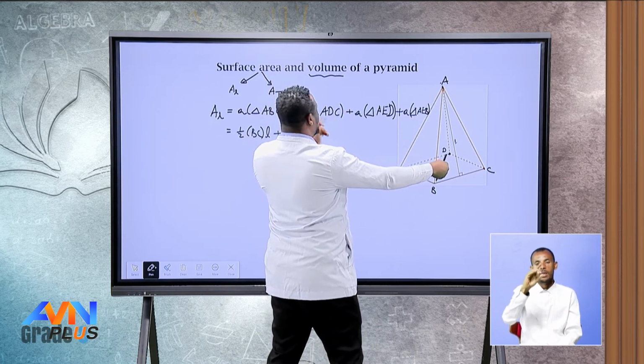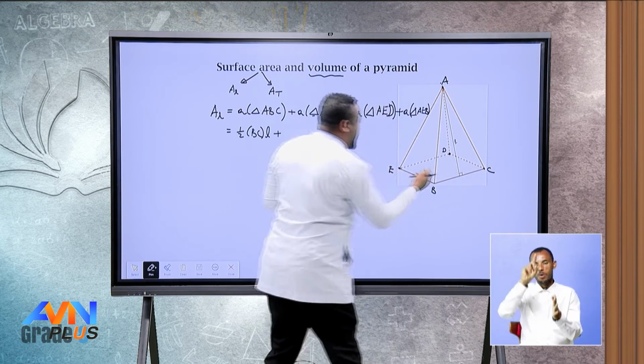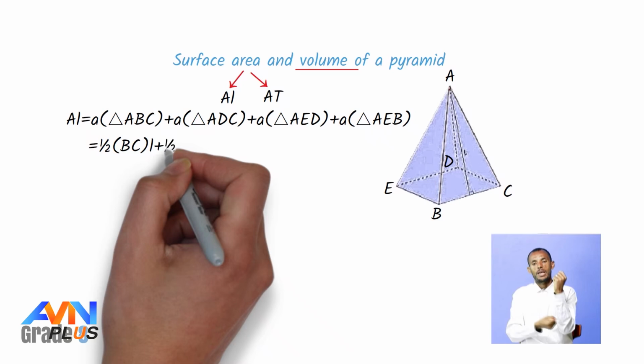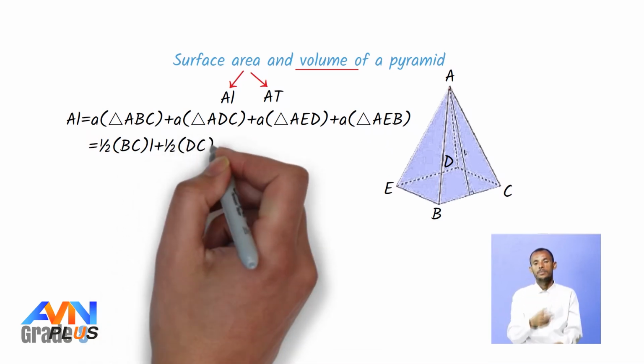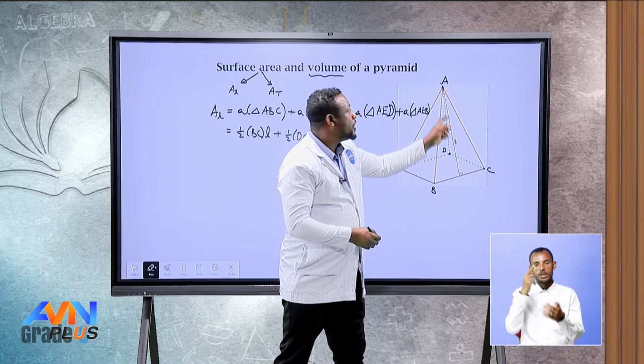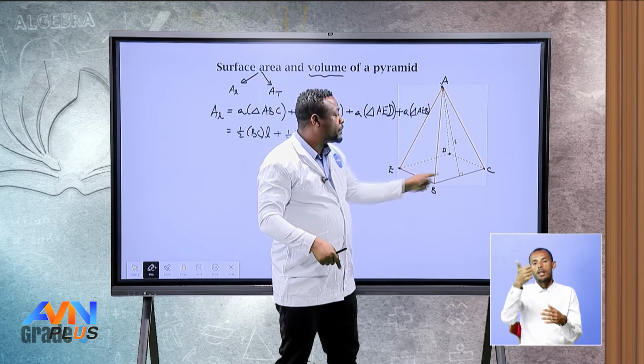The area of this triangle ADC is half of the base DC times the slant height. For this triangle part, you can construct a slant height like we did for the front part.